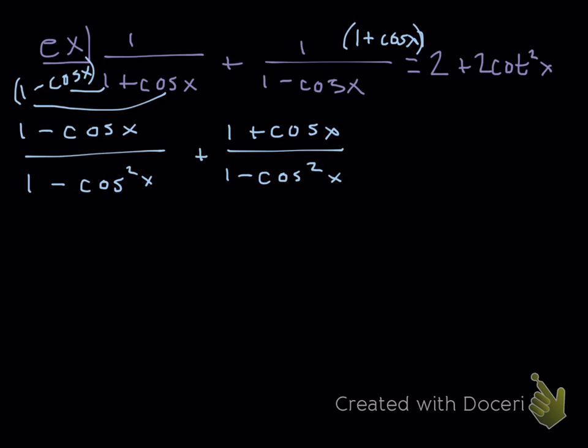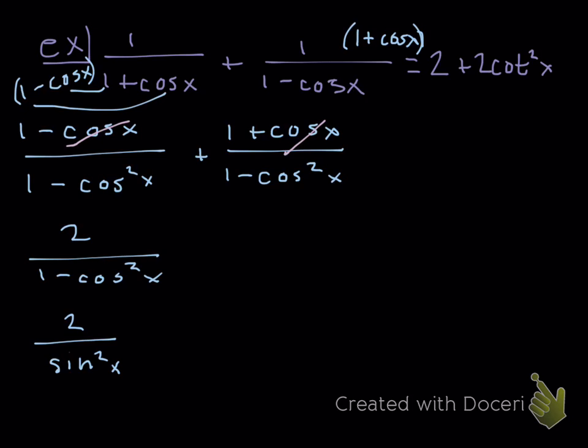When I add this together, in my numerators, I have a negative cosine and a positive cosine, so they're going to cancel out. And I'll be left with 2 over 1 minus cosine squared of x. And I know 1 minus cosine squared is actually sine squared, so 2 over sine squared of x.